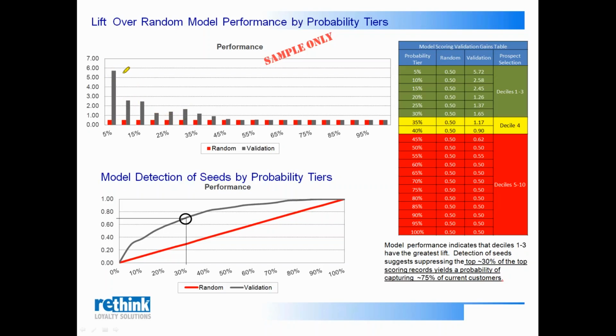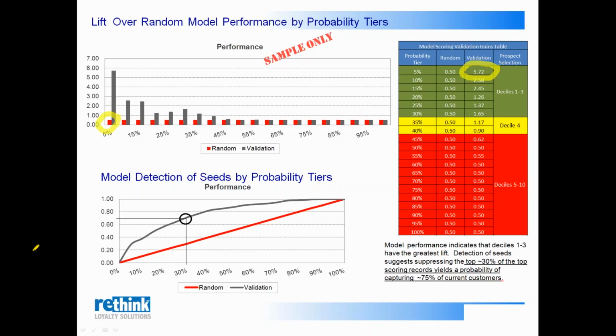What we see at the top end of the scale is this gray bar is 5.72 times taller than its corresponding red bar, which means that if we target our advertising message to these highest scoring 145,000 prospects, they are 5.7 times more likely than average to become a customer.